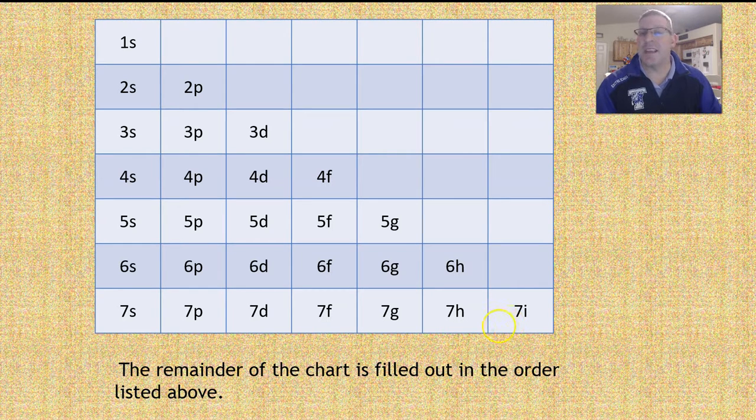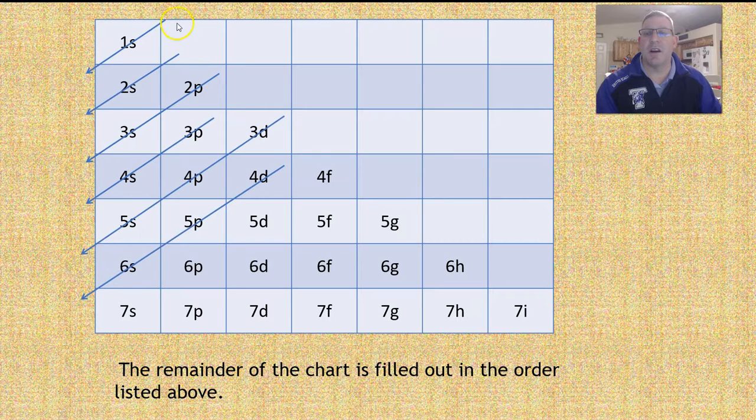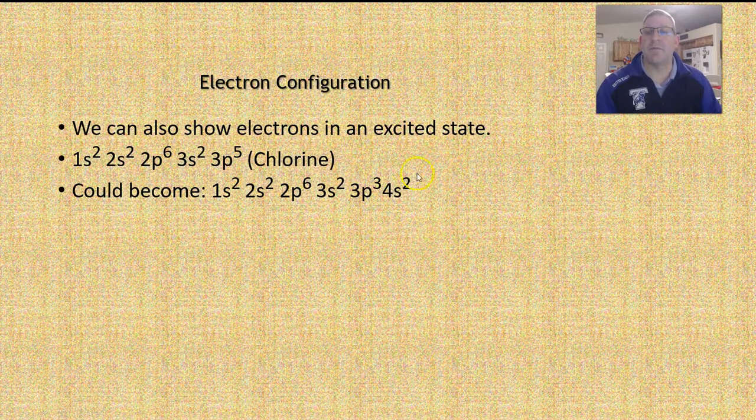But at 118 electrons, we do not utilize those spaces, but they still exist. And the rest of the chart would be filled out just in this sequence, as we see, starting in the upper right portion, going to the lower left, and continuing down. And there we go. Electron configuration for chlorine is here.